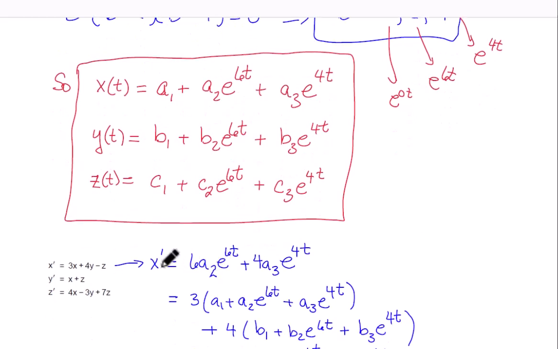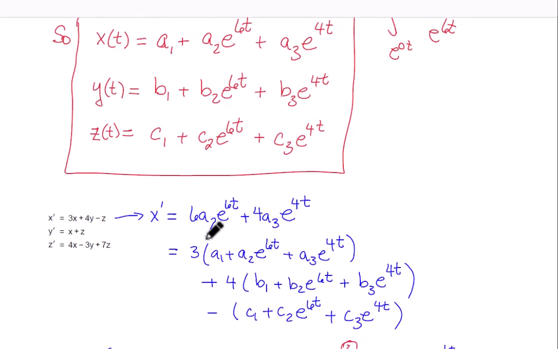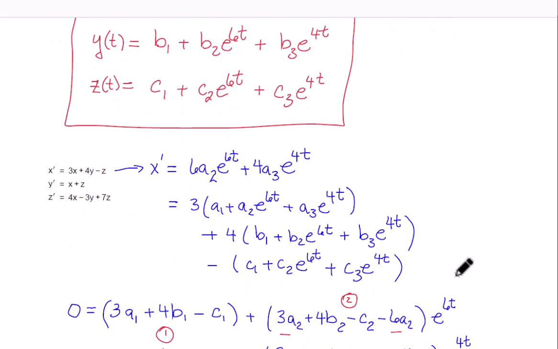So I found x prime, and x prime is just differentiating that. Got that. And what's it equal to? Well, 3 times the x, 4 times the y, minus the z. That's what all this stuff is. So now we get the fun task of matching everything up.